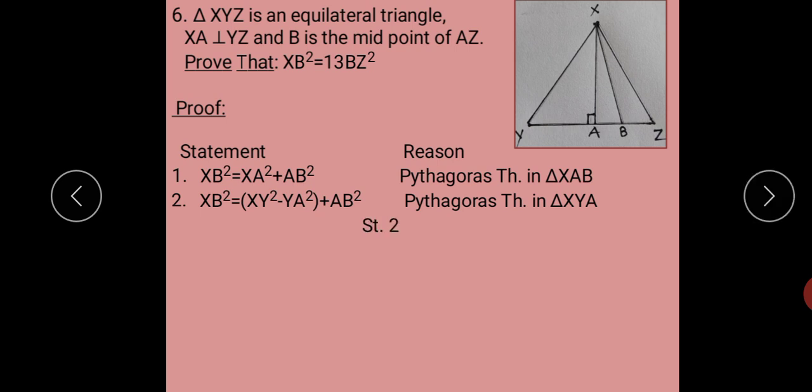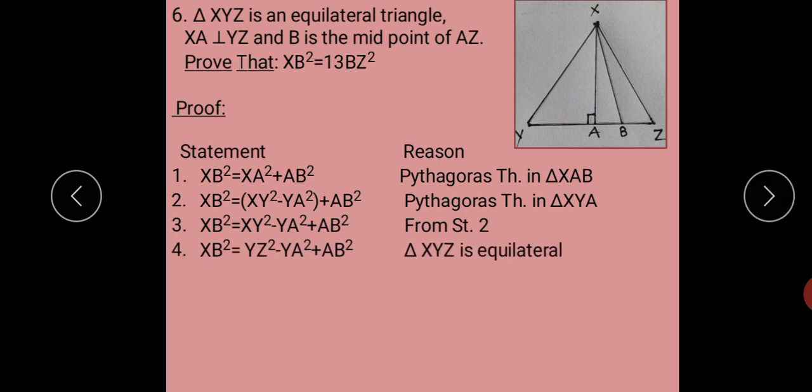We'll remove the bracket. And now see, XB square is equal to XY square minus YA square plus AB square. And if we want only BZ, so we will express everything in terms of BZ. So first of all, that XY we can replace by YZ. Yes, because XYZ is an equilateral triangle.